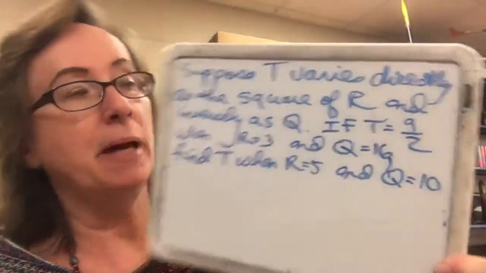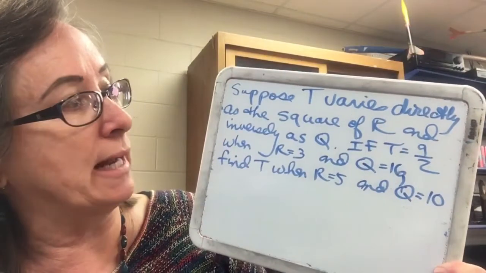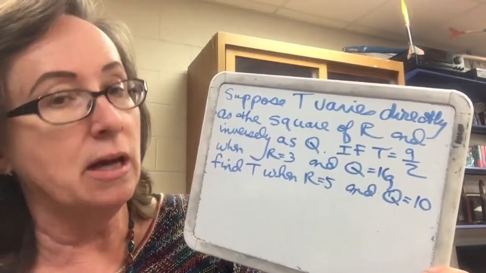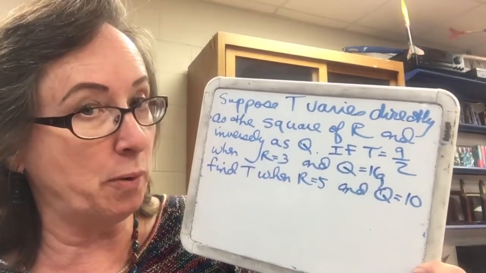All right, so we're going to have 2 more problems. One is going to be a joint variation. One is going to be a combined variation. Okay, so this first one says, suppose that t varies directly as the square of r and inversely as q. So this problem is a combined problem.